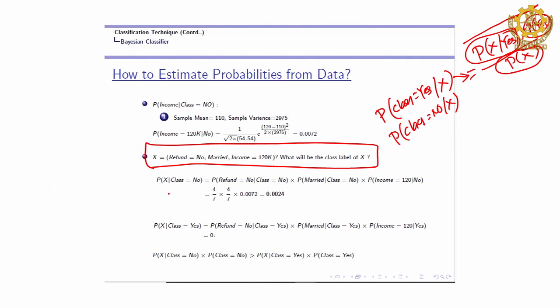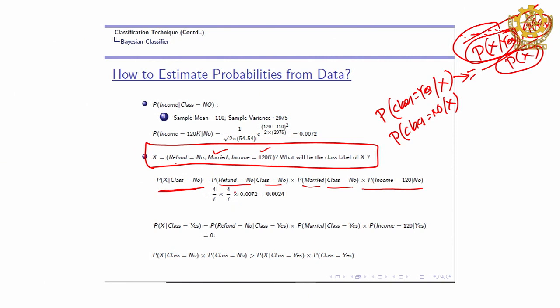So the probability of x given class no is the probability of refund no given class no, multiplied by marital status married given class no, and income 120k given class no.